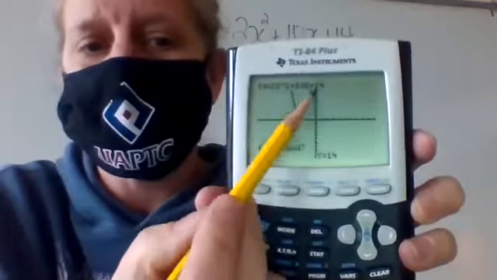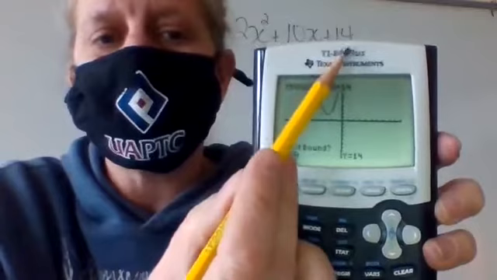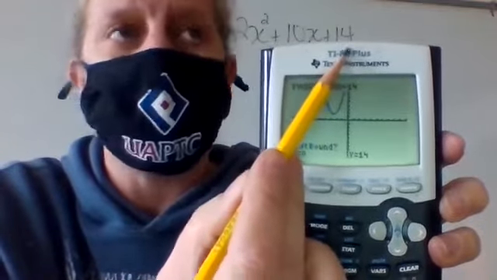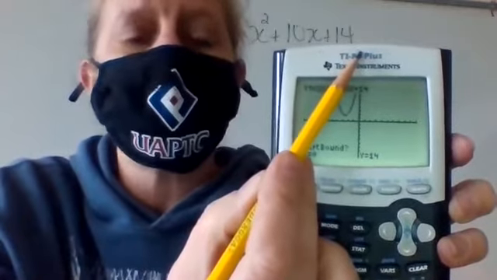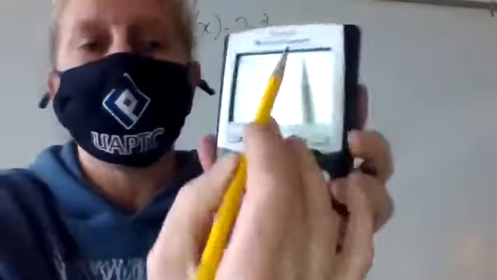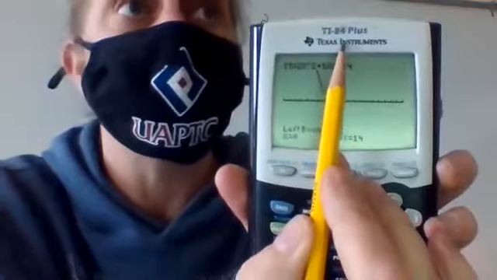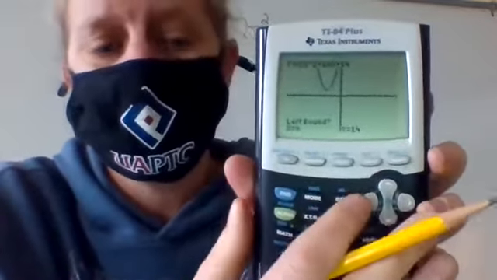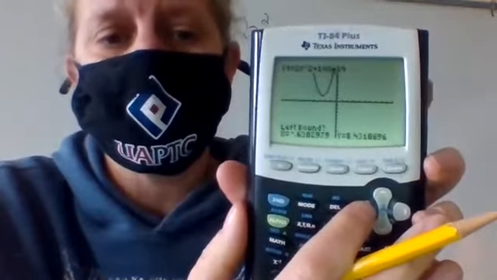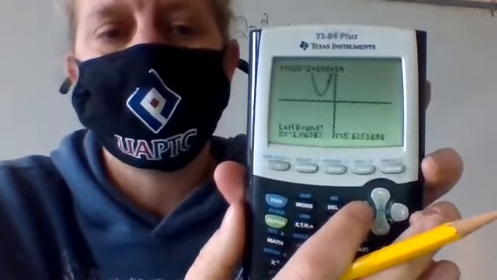So my x is 0, my y is 14, which means it's on the right side of the parabola, right? So I just need to keep hitting my left button and eventually you'll see it. So there it is.